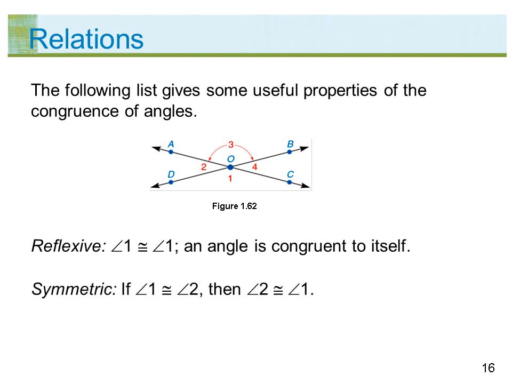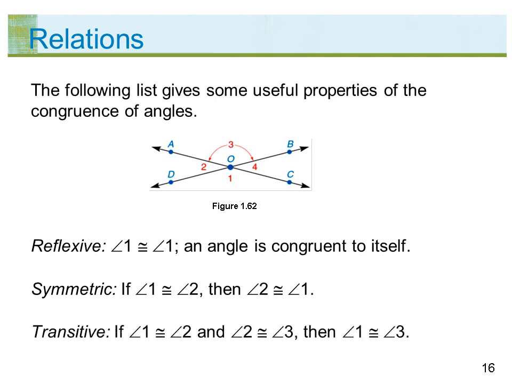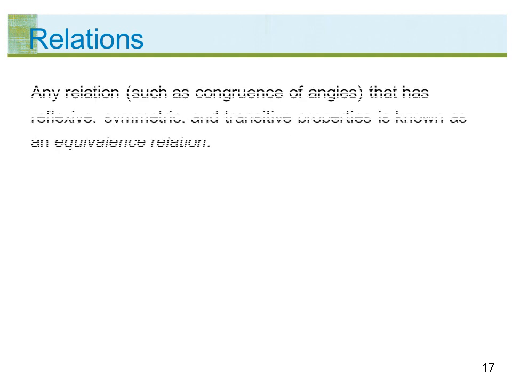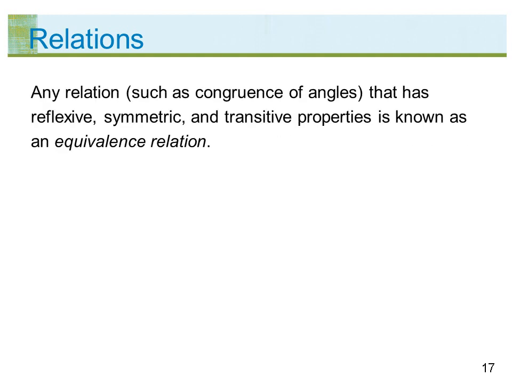If angle 1 is congruent to angle 2, then angle 2 is congruent to angle 1. Transitive. If angle 1 is congruent to angle 2, and angle 2 is congruent to angle 3, then angle 1 is congruent to angle 3. Any relation, such as congruence of angles, that has reflexive, symmetric, and transitive properties is known as an equivalence relation.